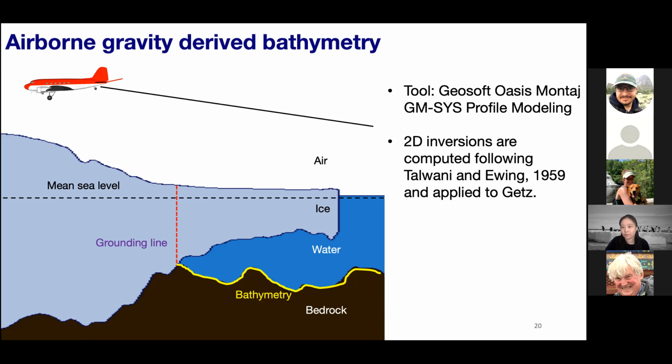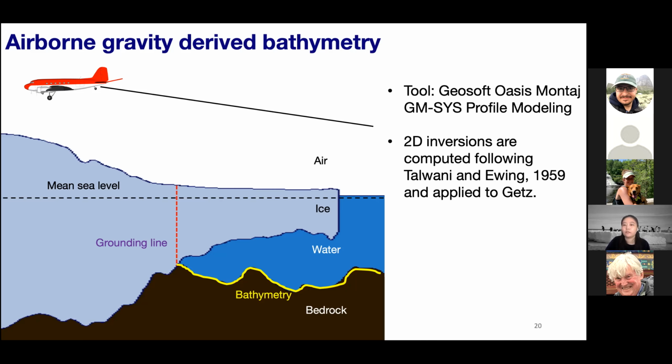Essentially, the greatest density contrast in the floating ice area is between air, water, ice, and rock. Therefore, the gravity data can be used for modeling the interface between these elements.